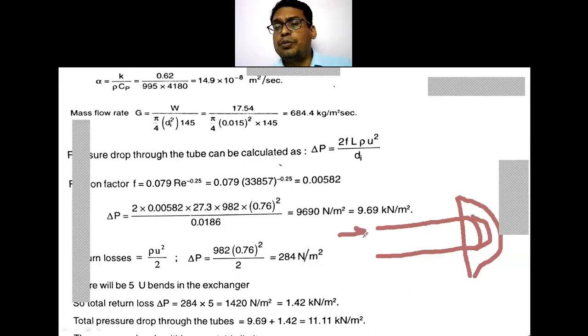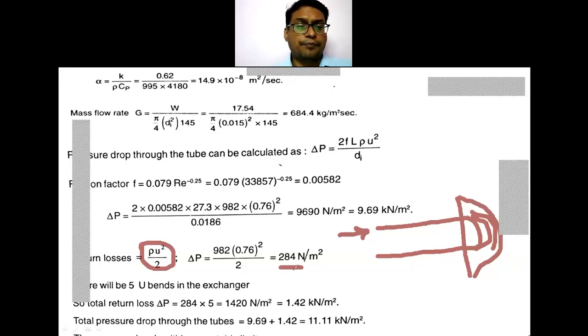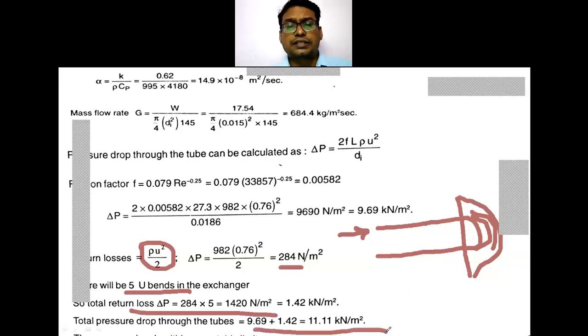The losses in the tube because of the friction and the losses in the curvature section, that is half rho u square. So this much loss can be added. There will be 5 U bends in the exchanger. So total return losses will be this much, and so the total losses or total pressure drop through the tubes is 11.11 kilonewton per meter square.